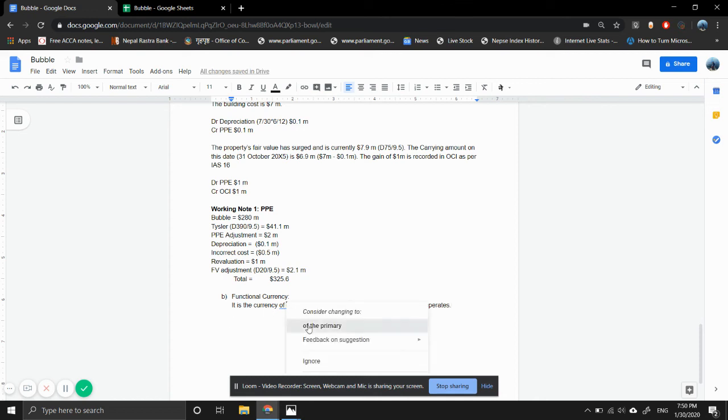Right? Primary factors to determine functional currency are, first thing first, the currency that influences the sales price. Okay, sales price.